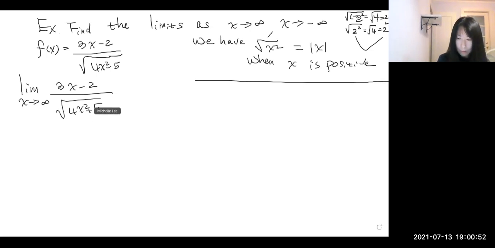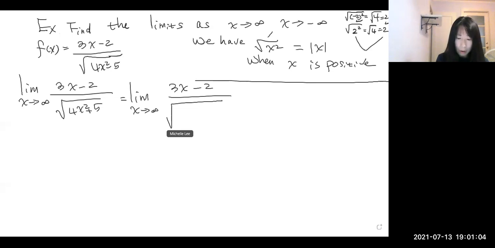Then look, since we have a radical, I want to divide like this. But the numerator does not have a radical, so I want to divide it this way.